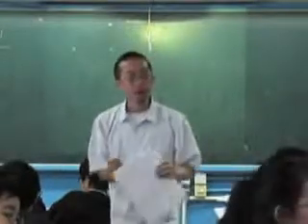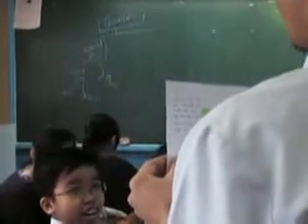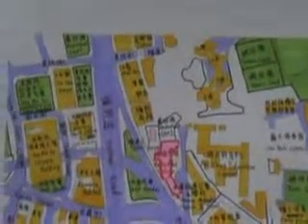Yes? But what is this project about? This is a map. To draw the area. I'm confused. There are level 1 and level 2. Level 1 is draw areas of your house.